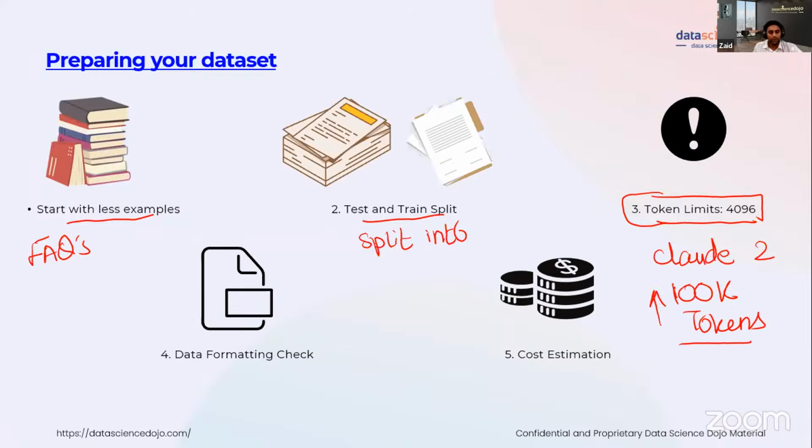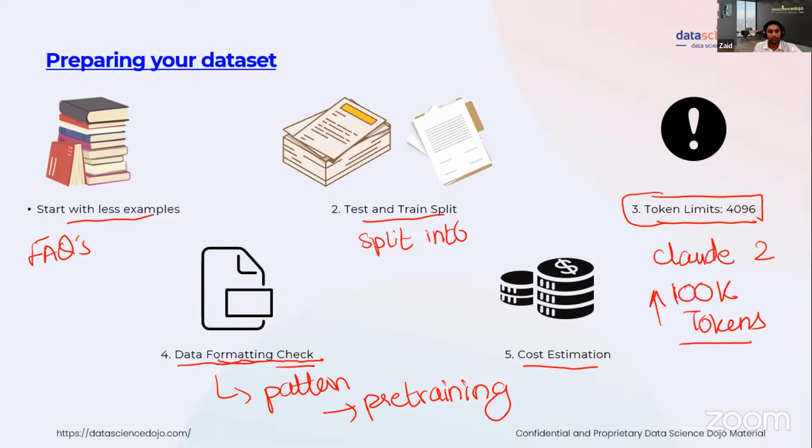Then we have to check the data formatting, because for every open source model, there is a pattern. We have to follow that pattern for training of our models. So we have to validate the formatting of the data before training on our corpus of data.